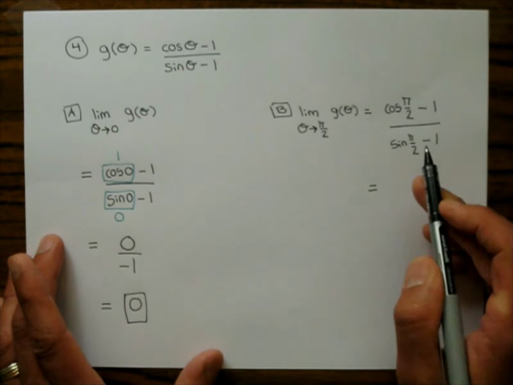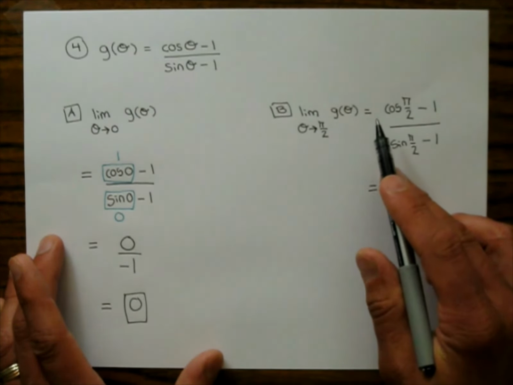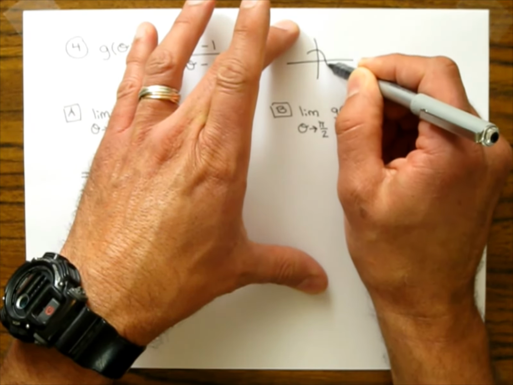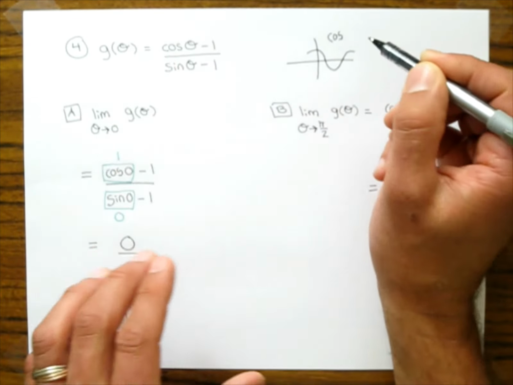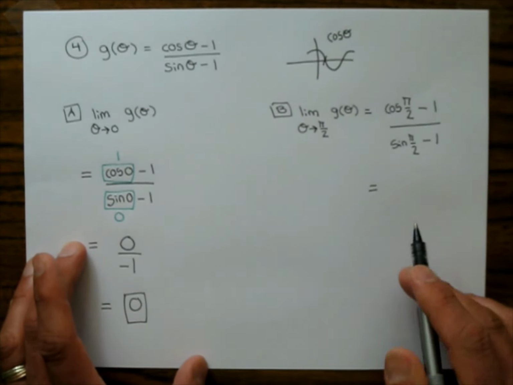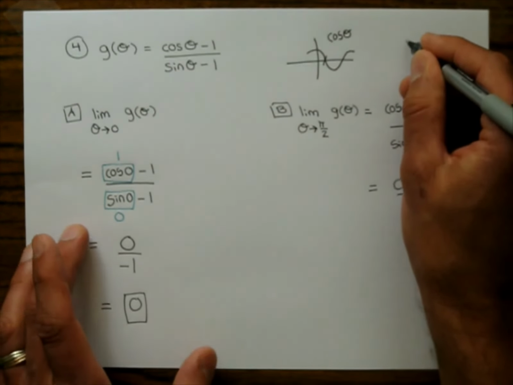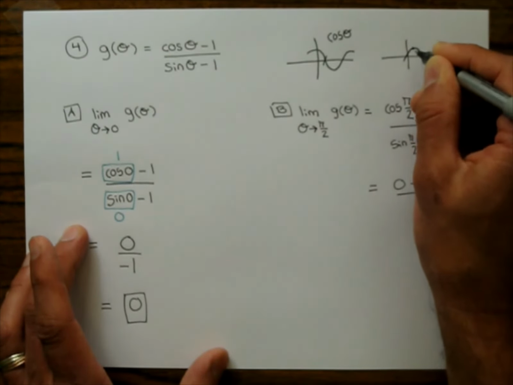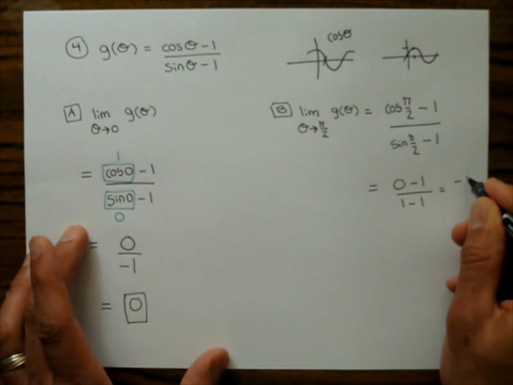The cosine of pi halves, if you're following the cosine graph, the way that I always recall these is, here's the cosine of theta or of x, and they want cosine of pi halves. That is 0, so this is 0 minus 1, and over here the sine of pi halves is right here, which is 1. 1 minus 1. So this is -1 over 0.